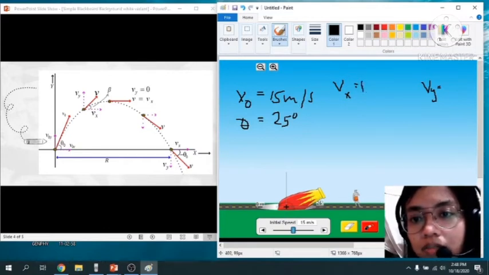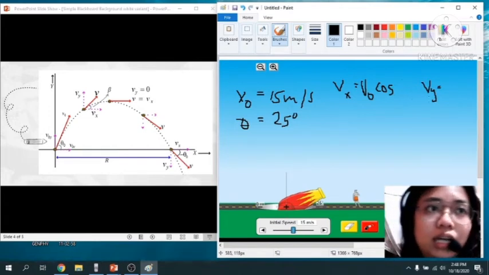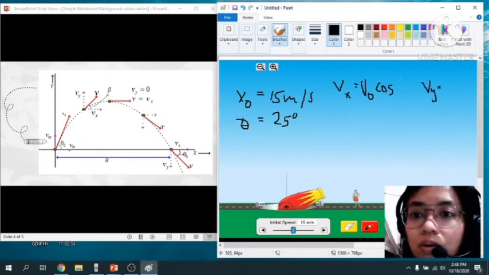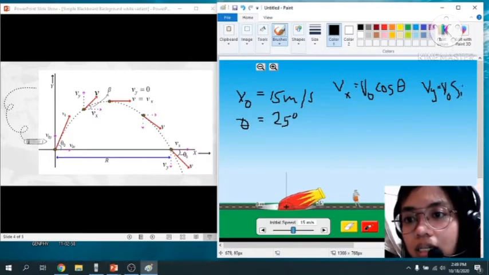The v0, or the initial velocity, multiplied by, if you're going to find the horizontal, you will use the cosine. Cosine, sine, tangent are the trigonometric functions. So cosine and then the angle. While the Vy, the vertical velocity, would be v0, the initial velocity, times sine, and then the angle.